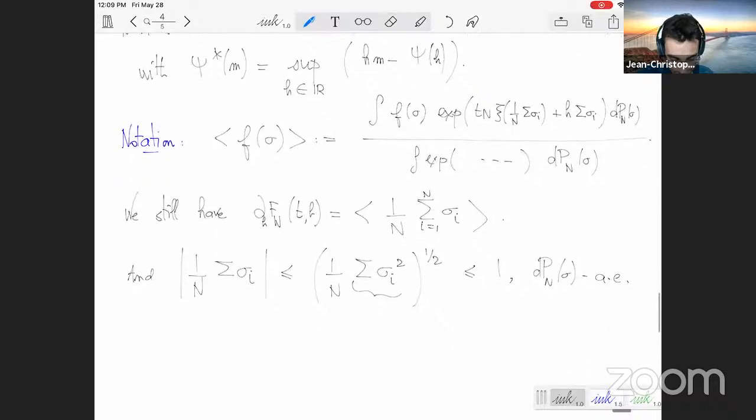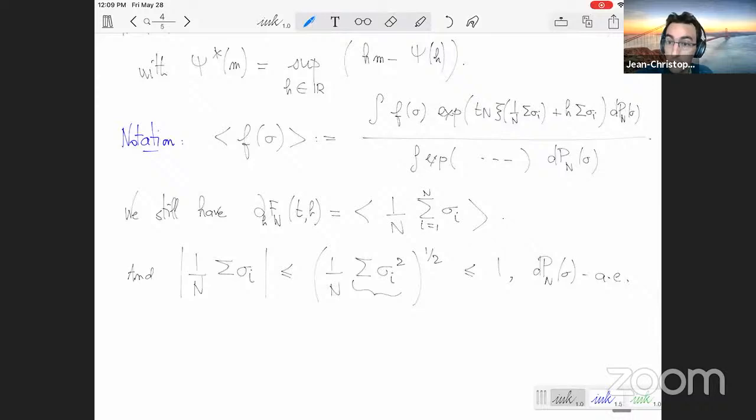Okay, and the combination of the two things I just wrote down shows that the derivative of F_n with respect to h is always bounded by 1. So F_n is 1-Lipschitz in h.